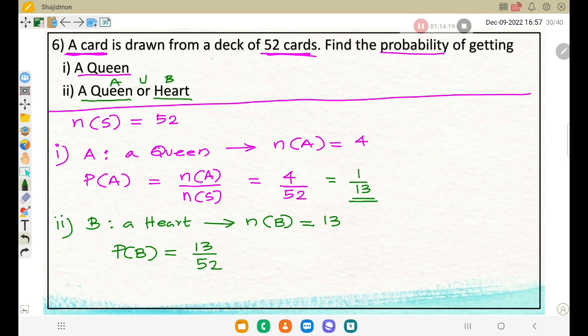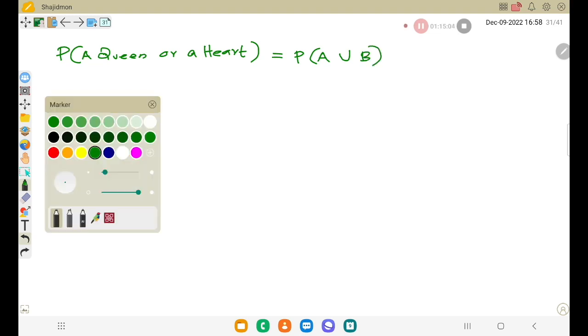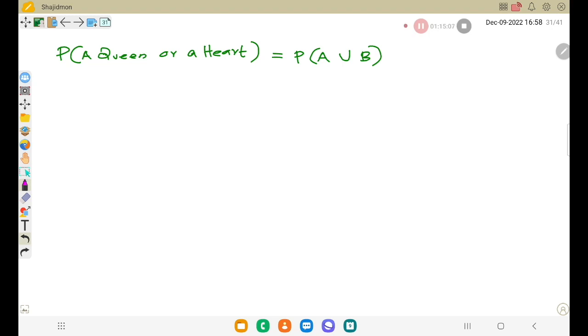Now we will come to this question: probability of a queen or a heart. Okay, now, what is that one? Equal to probability of queen; what symbol have we used? A. Or means union. Heart means B. Probability of A union B. What is the rule for probability of A union B?